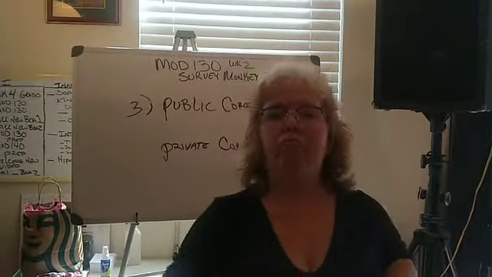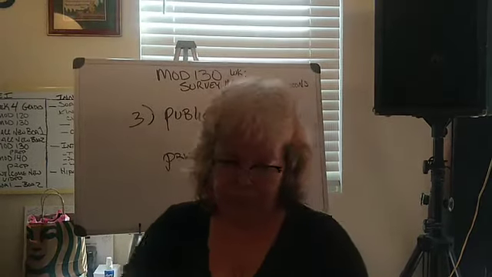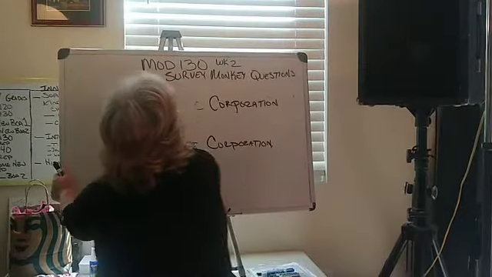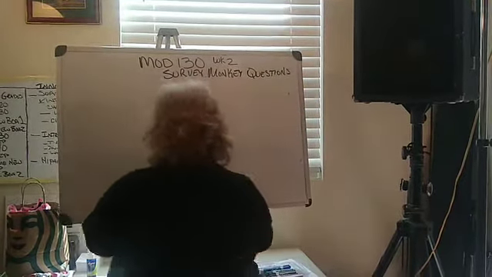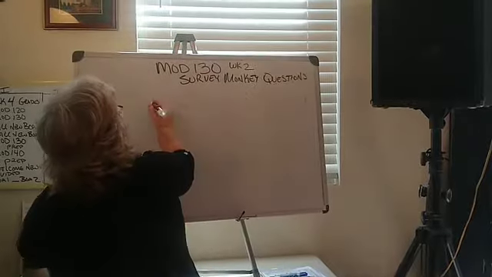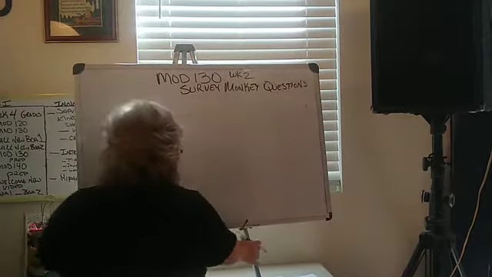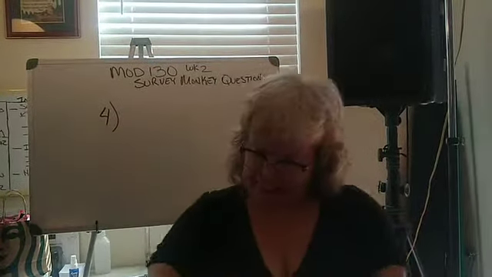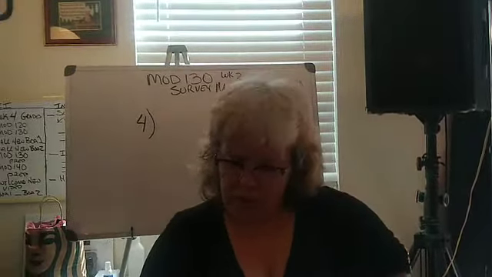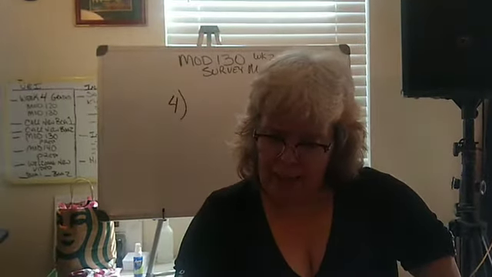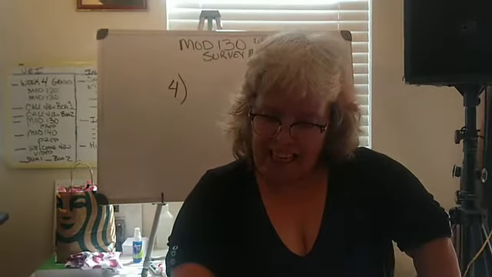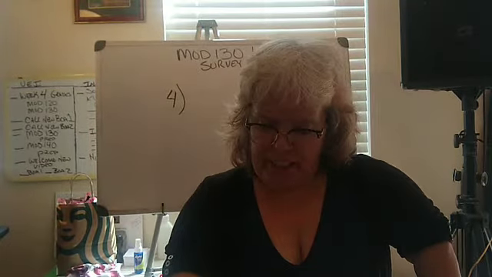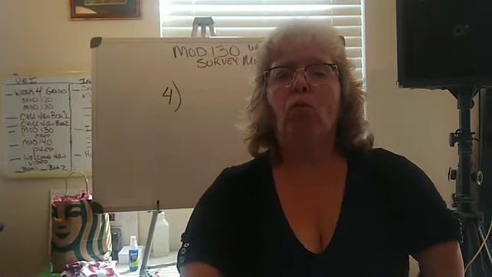All right, so let's go on to number 4. Number 4 asks, stock whose owners have voting rights in the corporation yet do not receive preferential treatment in regards to dividends is known as what?